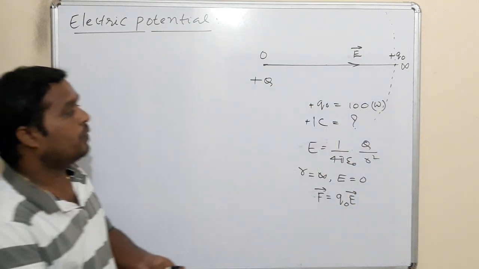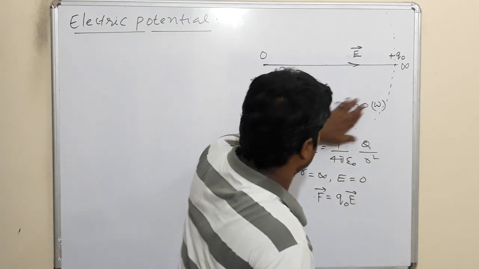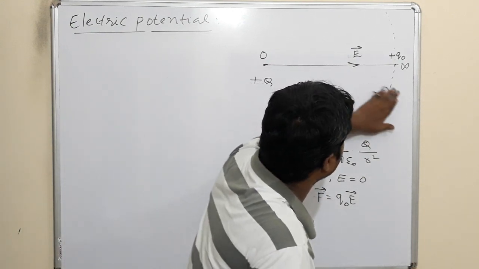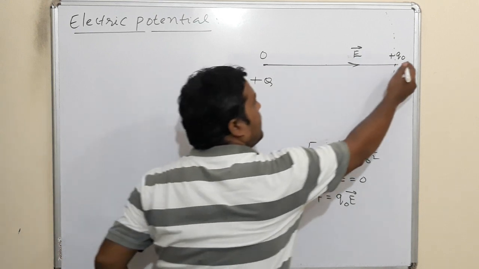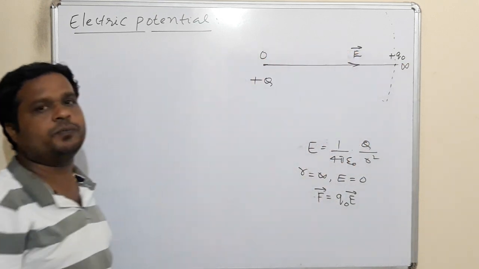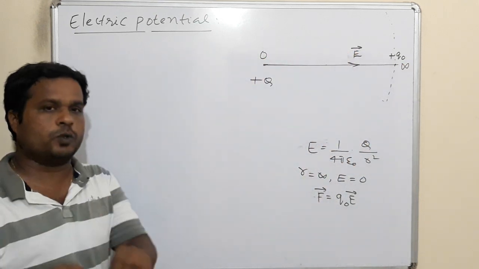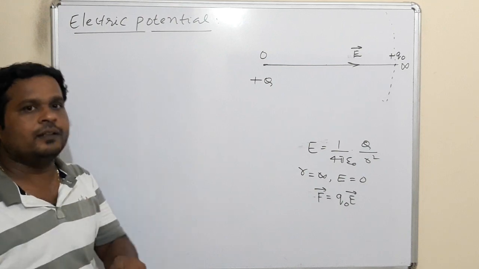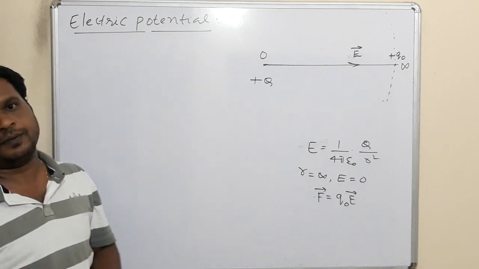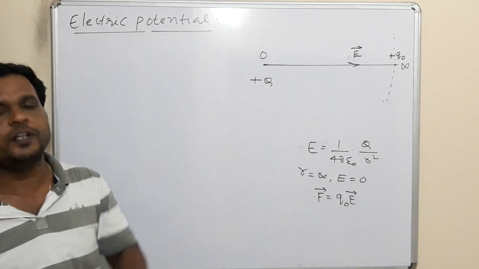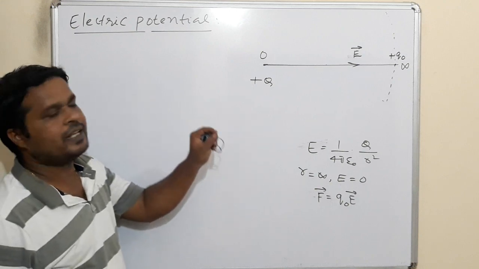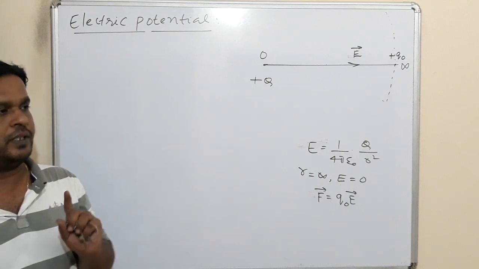The amount of work done per unit positive charge in moving the charge from infinite distance to any point inside the field is called the electric potential at that point.